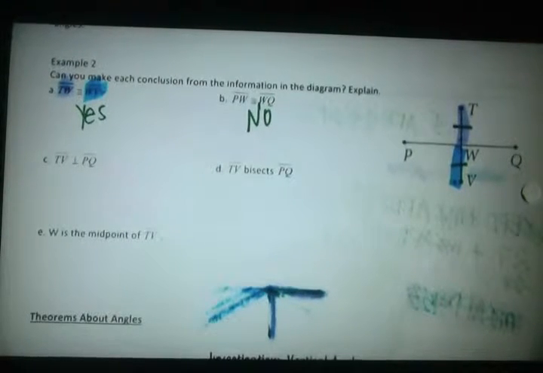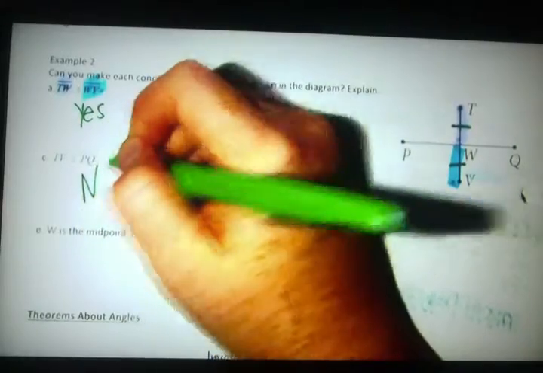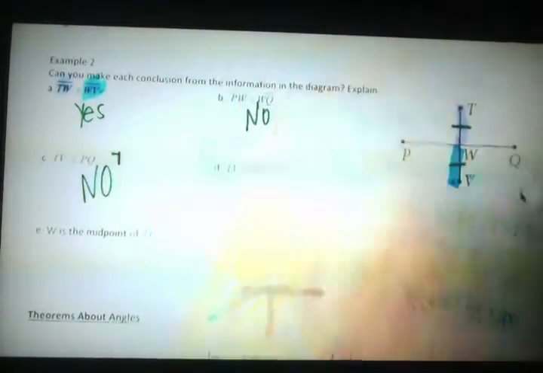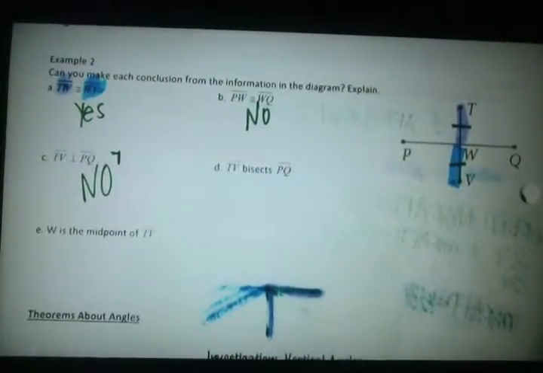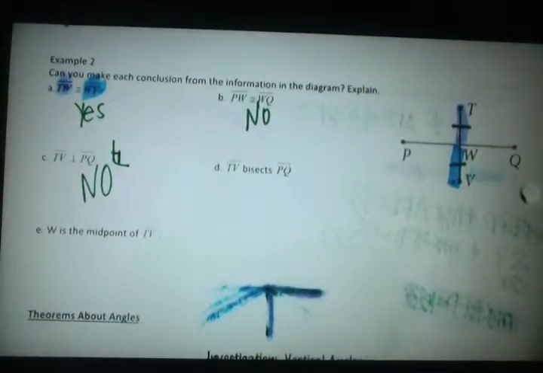C. TB is perpendicular to PQ, meaning it would cross it at a 90-degree angle. Yes, it looks like it, but can I assume it? No. Can I make the conclusion from the diagram? No. It would have the little perpendicular mark on it, right? It would do that, okay?